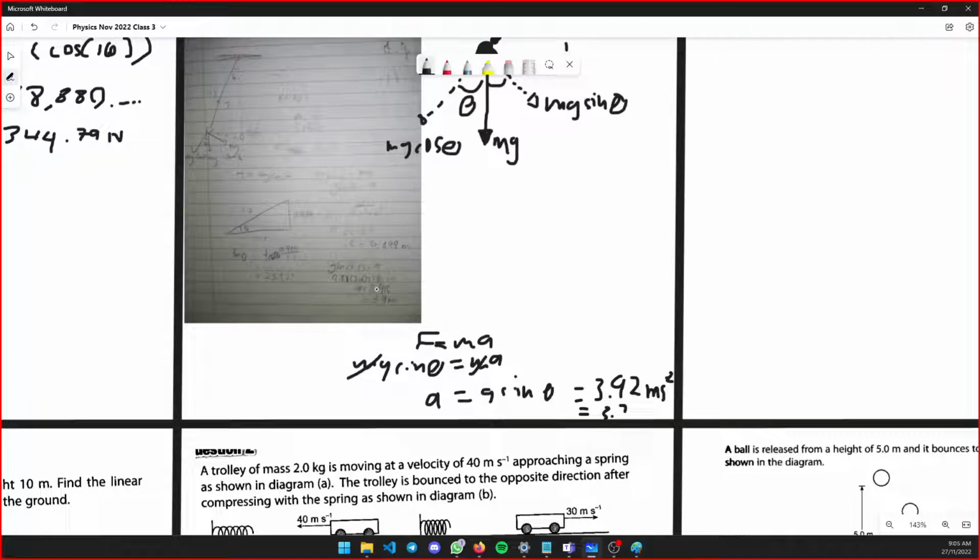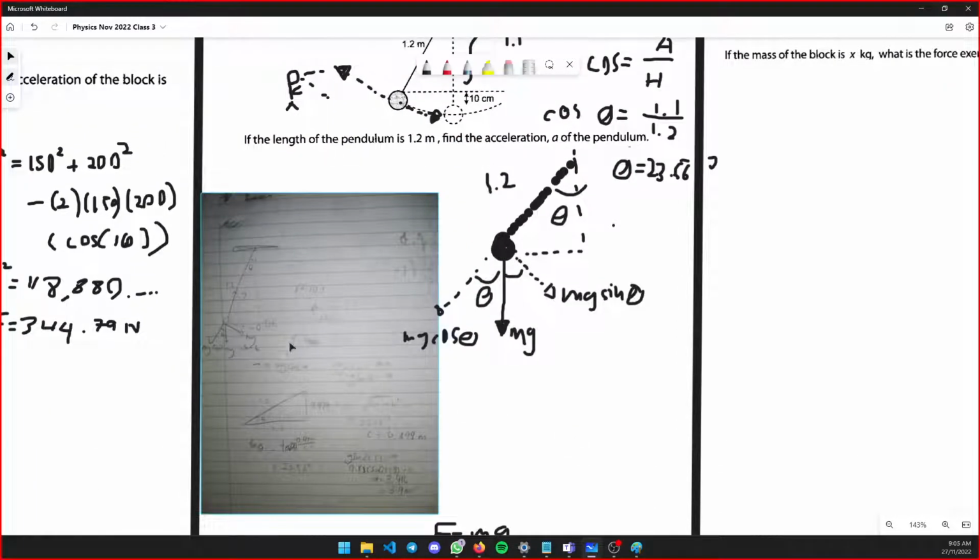Now let's look at Brian's working. g sine 25.53. He cut a lot of working here, but he actually used tangent to find theta and used Pythagoras. No problem also.